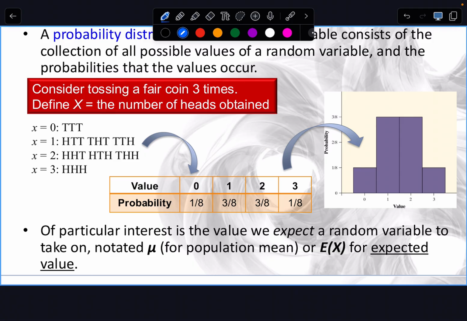So they're asking you to calculate the same thing. Now what the graph tells us here is that if I were to perform this trial or this event over and over and over again, how many heads should I expect on average? So what does the graph tell me?